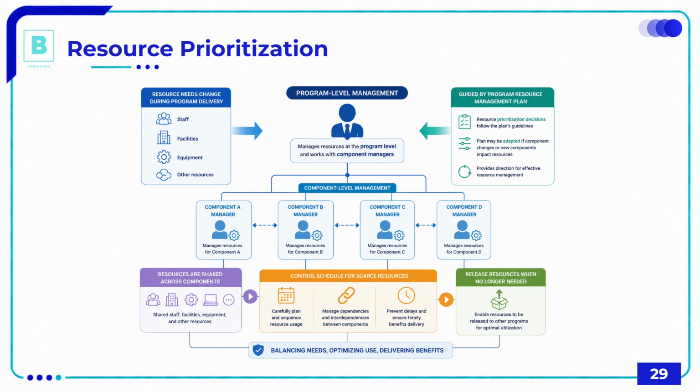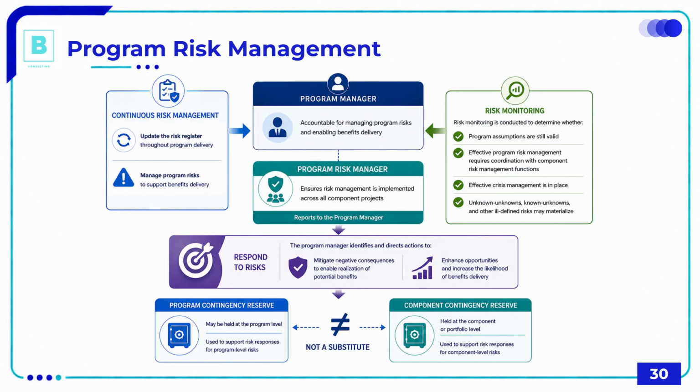These are examples of components and the resources to be managed on a component level, and always control the schedule for any scarce resources. For example, some experts who are not so available have to be shared among the components, so that should be planned carefully.